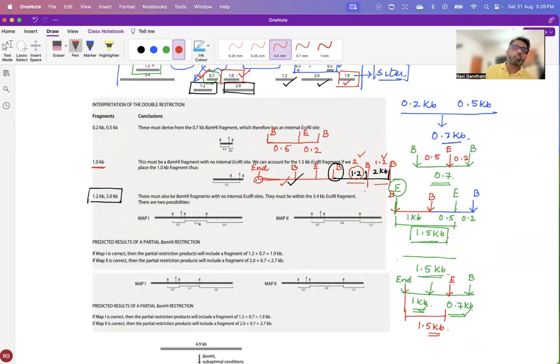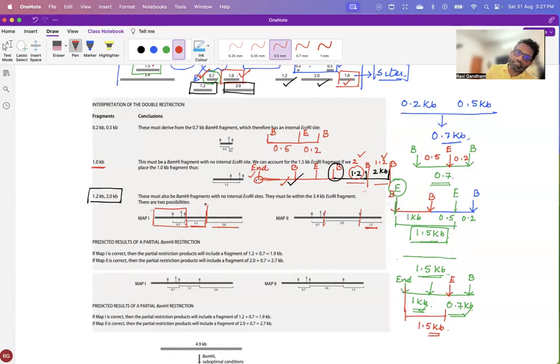What are the two sets of possible maps? See, this is confirmed earlier, right? Till here, it's pakka that we have confirmed that this is the probable restriction map. Now, we have two choices here. You can either have 1.2, right, with the BamHI site here and the 2 kb here, or you can have the 2 kb first and then the 1.2.